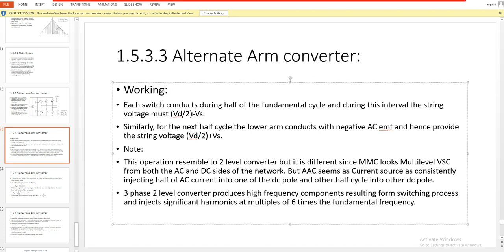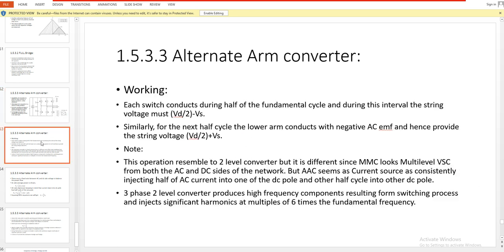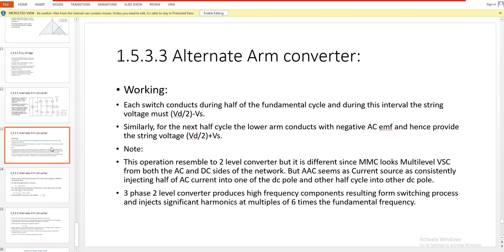So its working is very simple. For half of the cycle, the switch connected in the upper arm will conduct, and whenever the switch conducts, we basically get Vdc by 2 minus Vs, where Vs is the instantaneous voltage.